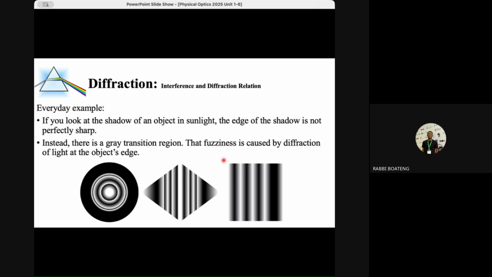Now I'm going on. Now, a very typical example. You can see that in our everyday life, even when you are standing in the sun and you check your shadow very, very well, you may not get the edges of your shadow as sharp as it is. There may be some faint and blurry fuzziness around the end here. Is that okay?